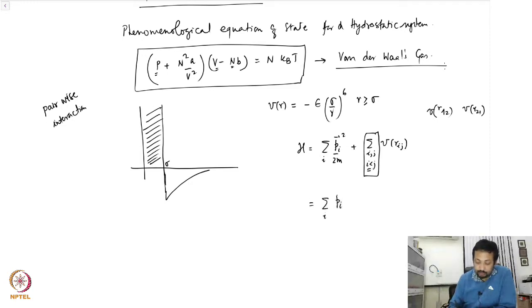which we will do because of our interest in treating the problem in a mean field approach, we will write half V(r_ij), where there is an unrestricted sum over i and j.